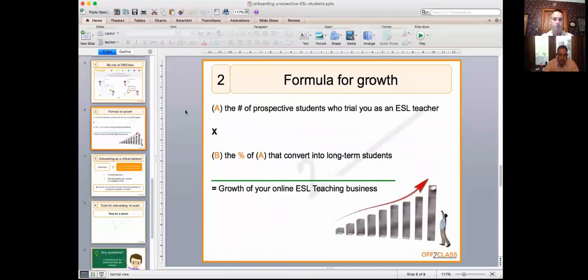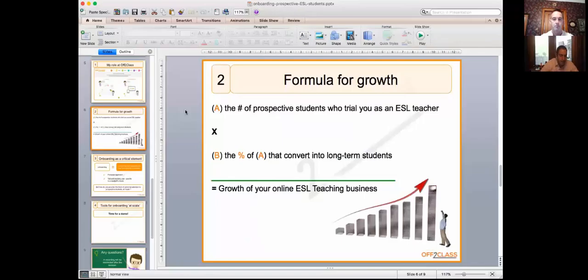So first, I'd like to talk a little bit about growth. Any teacher that's getting into independent ESL teaching, the dream or the long-term goal is obviously going to be eventually able to transition into this role on a full-time basis. So working independently full-time, you're going to need a lot of students.